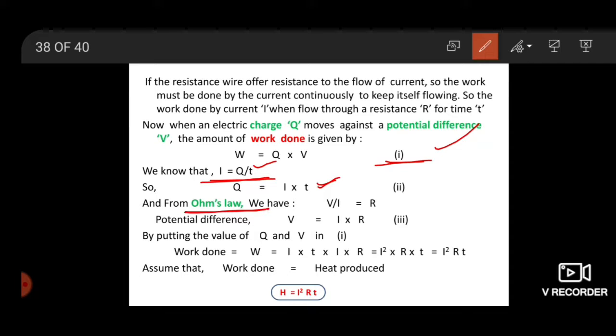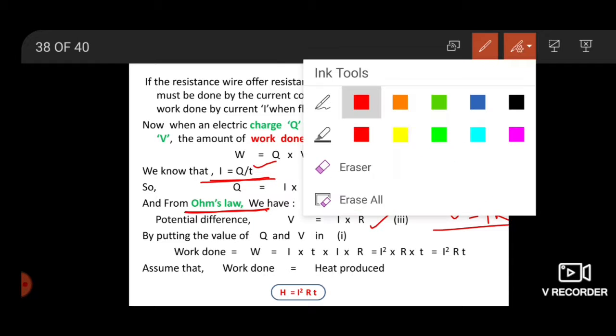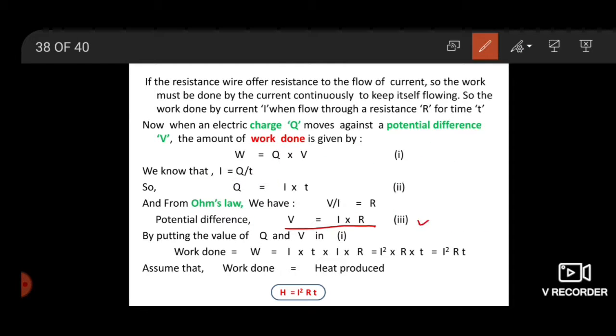According to Ohm's law, V by I equal to R, so V equal to I R. This is our third equation, this is our second equation, and this is our first equation.